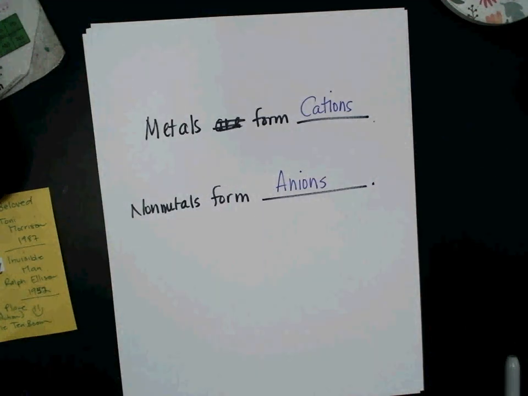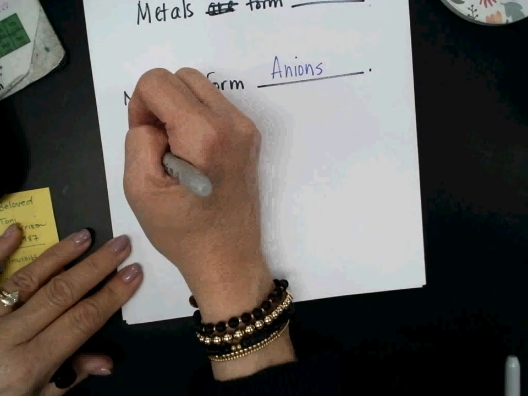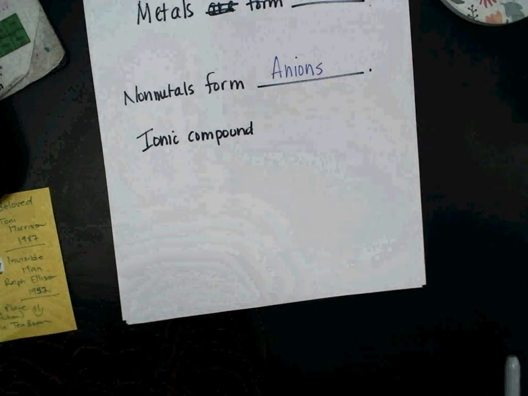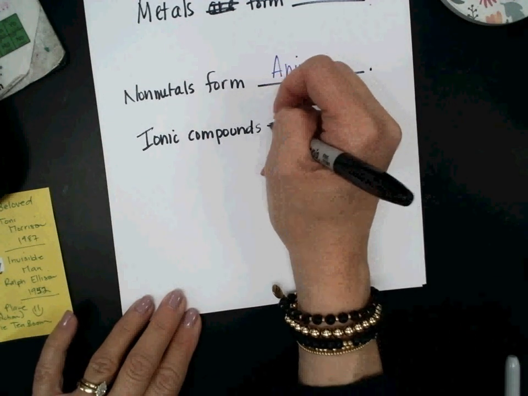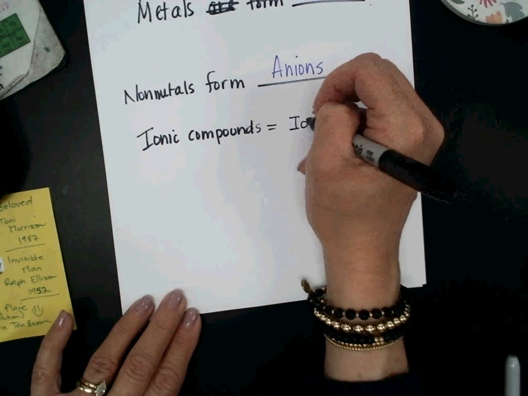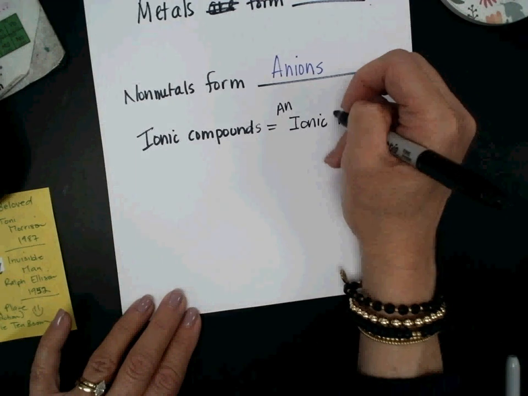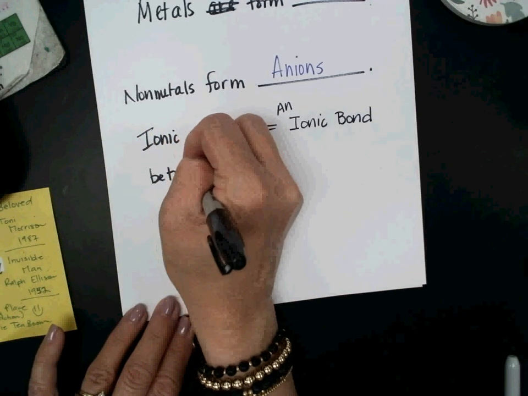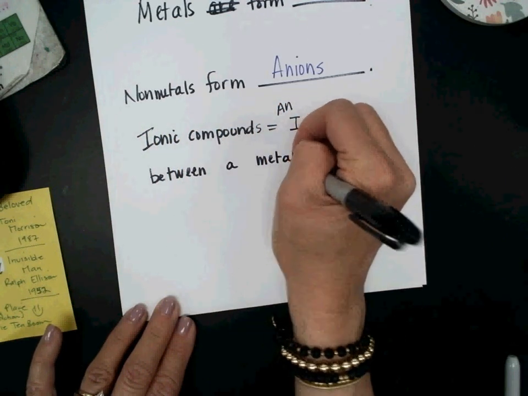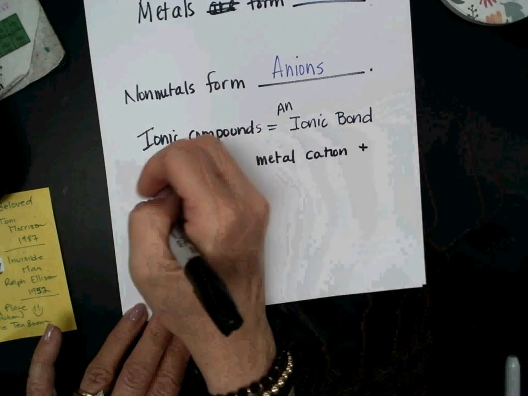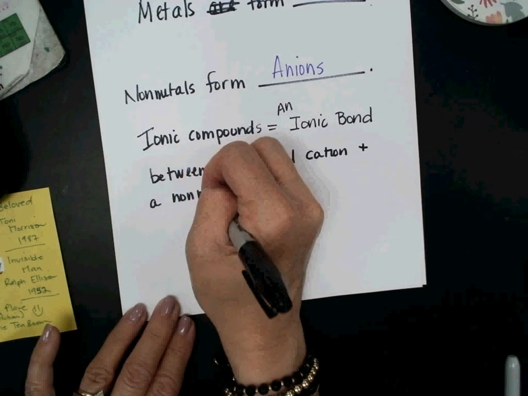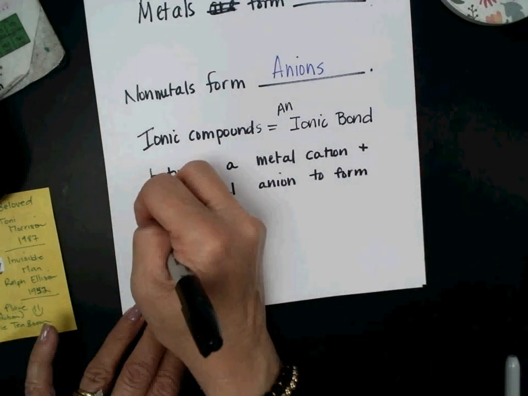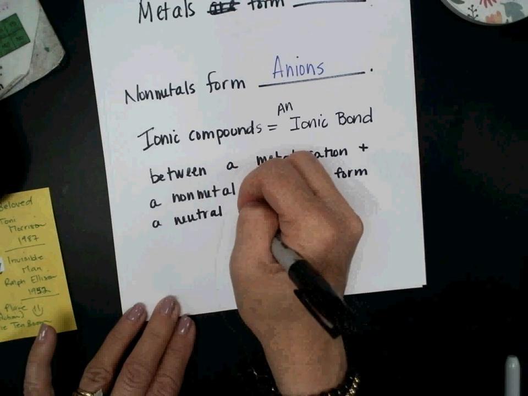Okay. So we can make this a little more clear, and we can say ionic compounds equal, I should say, an ionic bond between a metal cation and a non-metal anion to form a neutral compound.